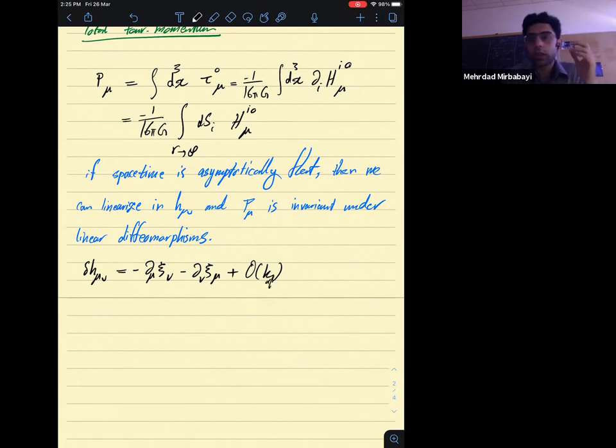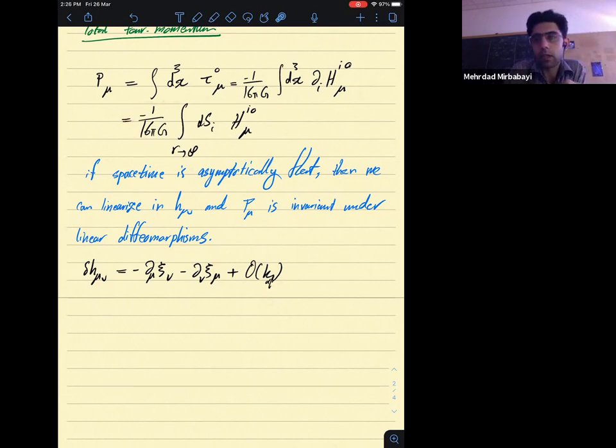Now, if we are going to a regime where we can linearize in h mu nu, then we can ignore these corrections. And under these transformations, one can show that this expression is invariant.